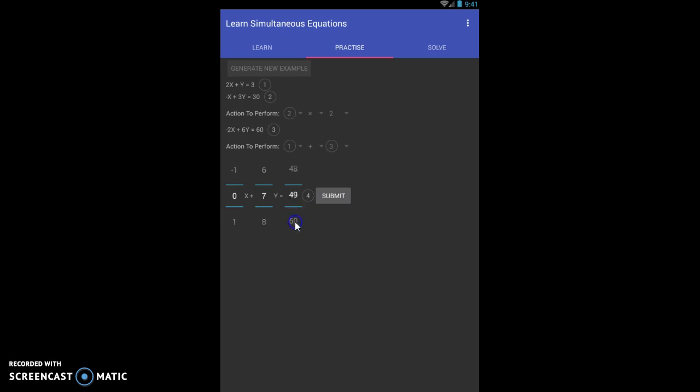I'll just click through here to 63, and we get to submit the answer. At this point, actually, I'll show you what happens if we select an incorrect answer, say 62, and click Submit. We get the message, incorrect answer entered, and we also get a hint as to what the correct answer should be. So we go to 63 and Submit.